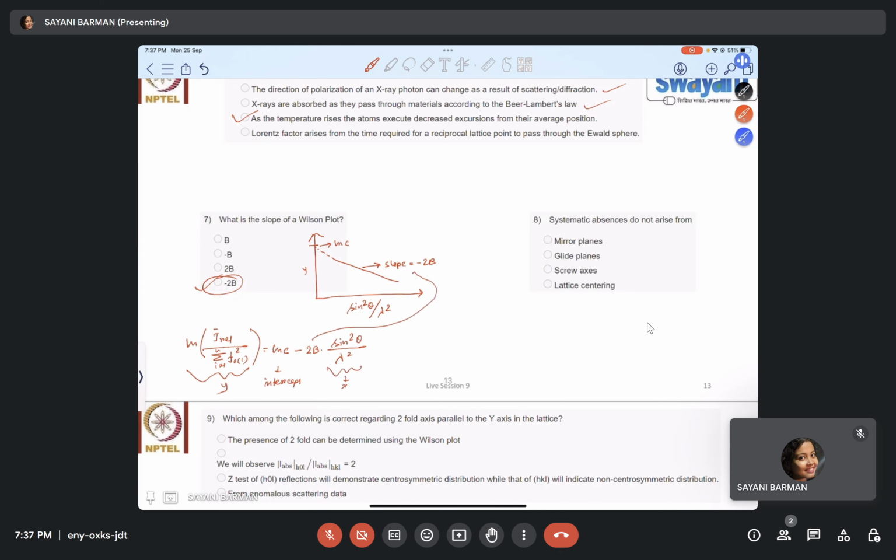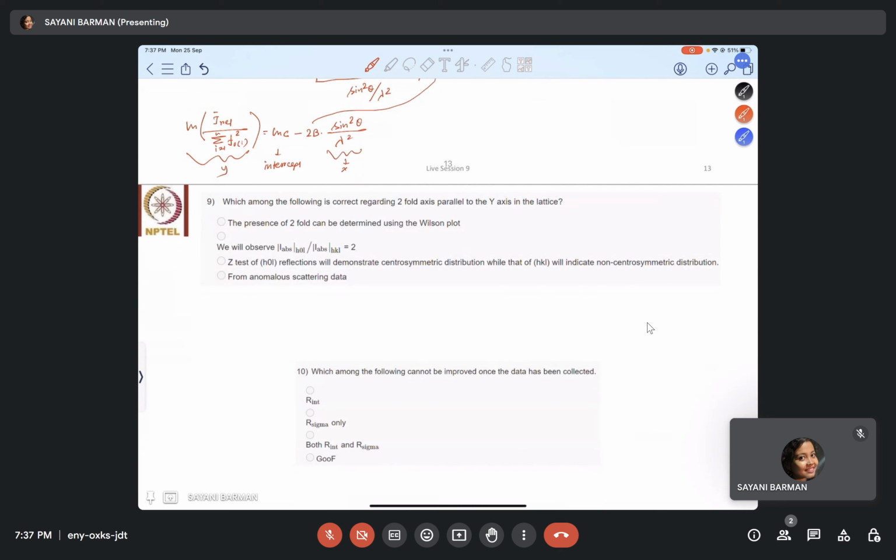Now the next one is very common. You must have come across this question many times. Systematic absences do not arise from mirror planes. Right? So the next one is, which among the following is correct regarding a two-fold axis parallel to the y-axis in the lattice?